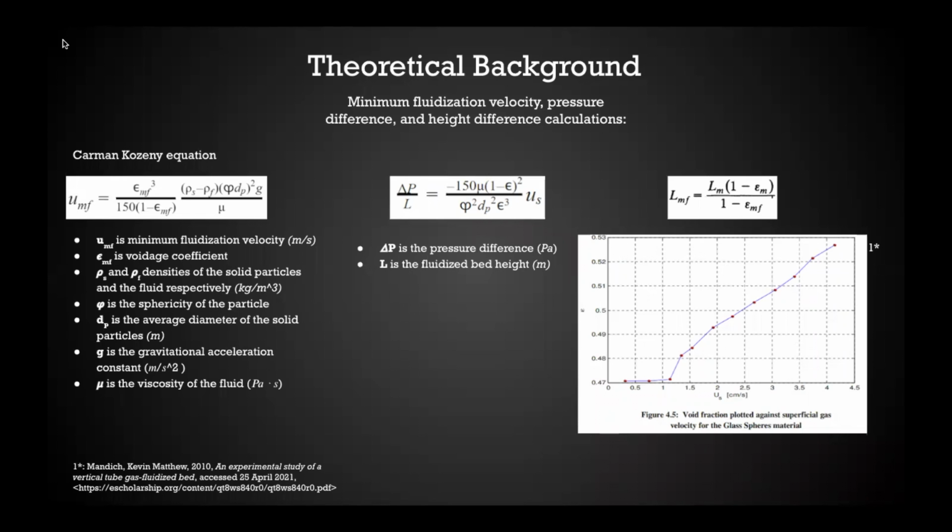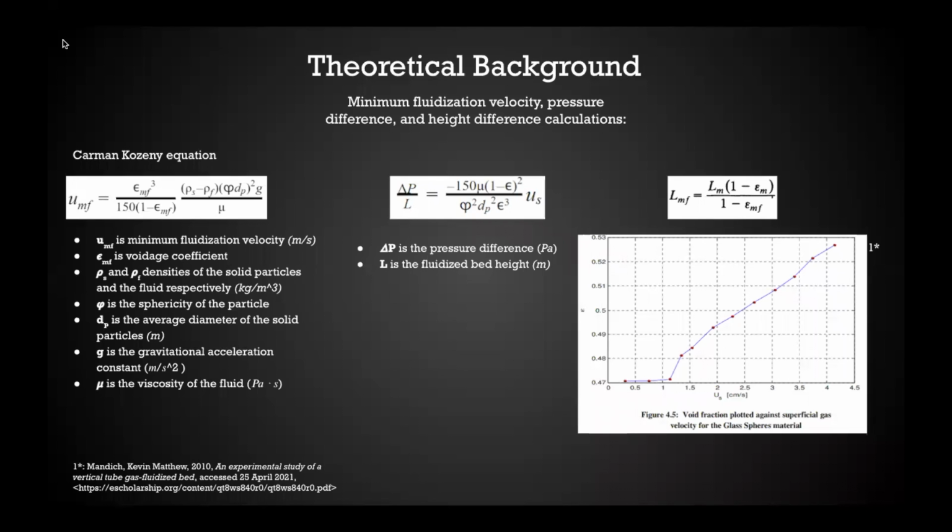We then used that value to estimate the superficial velocity, which would be at least 10 times larger than the minimum fluidization velocity. When we estimated the superficial velocity, we then determined the pressure difference, and we found out that the air compressor we were about to use must be sufficient for a successful experiment.